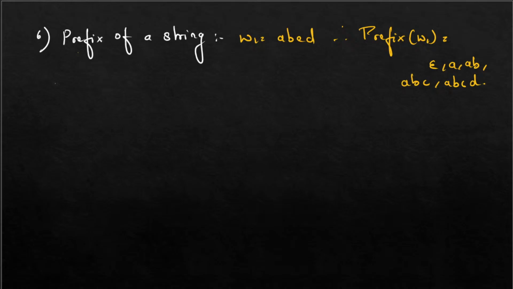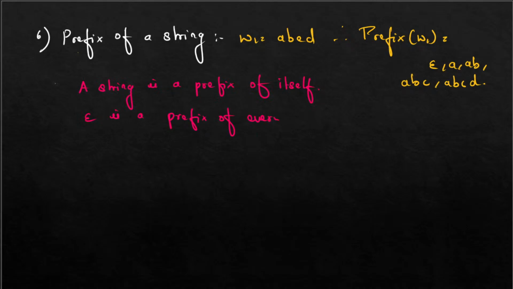A sequence of leading symbols is called a prefix of a string. Important points: a string is a prefix of itself, and epsilon is a prefix of every string.